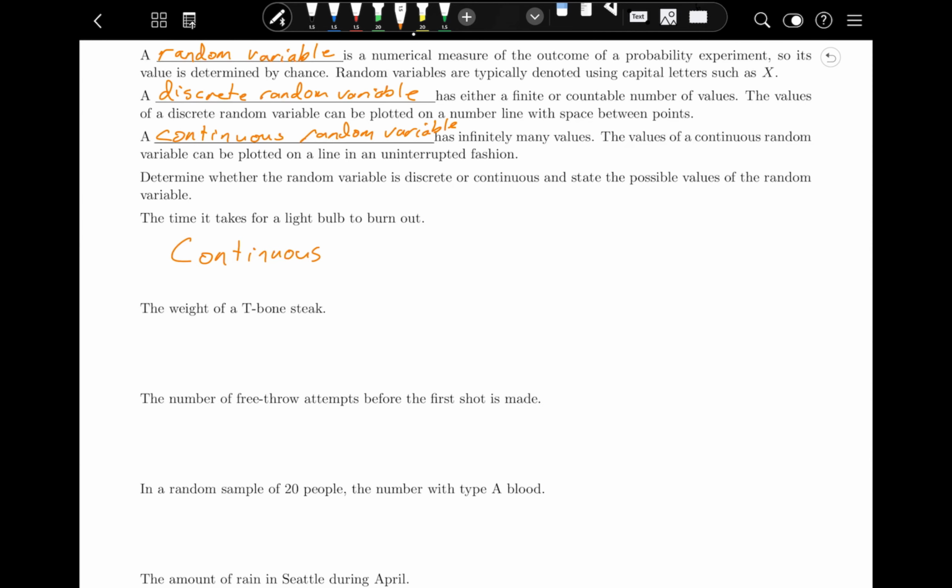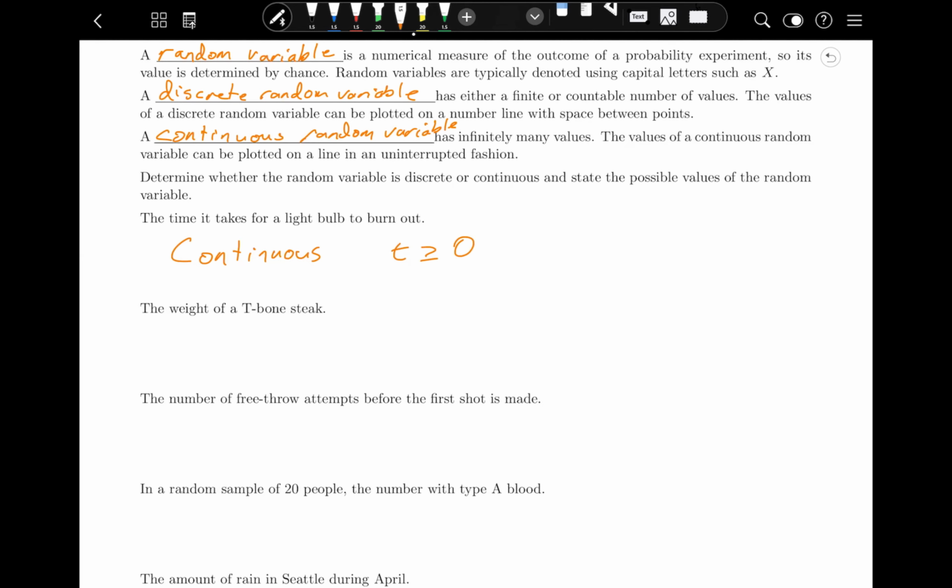And if it's something we count, then it's discrete. So this is continuous. And in this case, the time it takes could be really anything greater than or equal to 0 seconds, right? Because you could actually have a light bulb that's a dud and is burnt out before you even start. And that would have a time to burn out of 0 seconds.